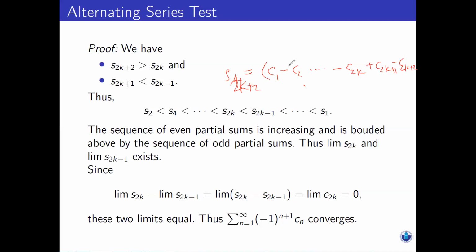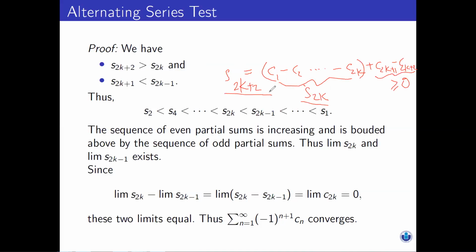And you notice that here is S2k. And because of our condition, the sequence Cn is decreasing, so this is positive. So that implies that S2k plus 2 is bigger than S2k.